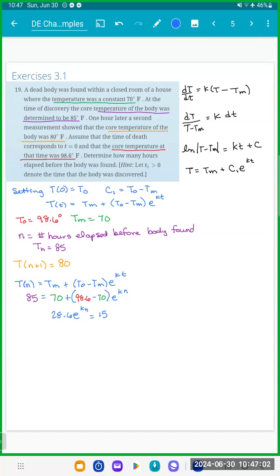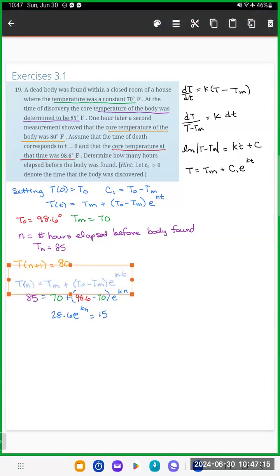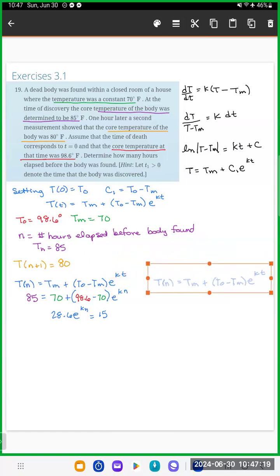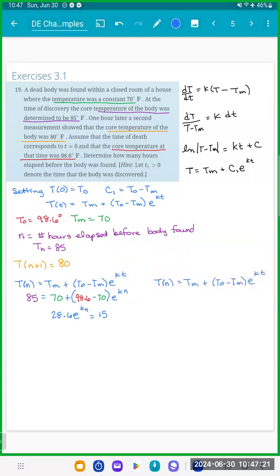Now let's do this exact same thing, but instead of for n, we want to do it for n plus 1. We're really going to take this same formula, copy it, and paste it over here, except instead of doing it for n, we're going to do it for n plus 1.